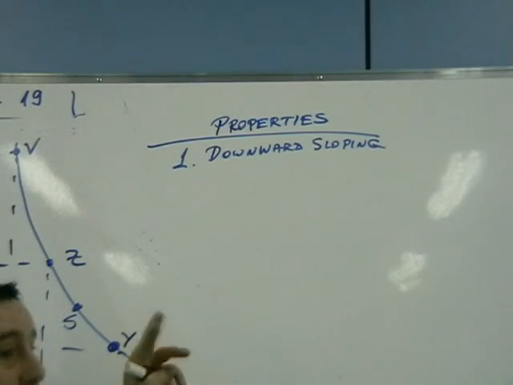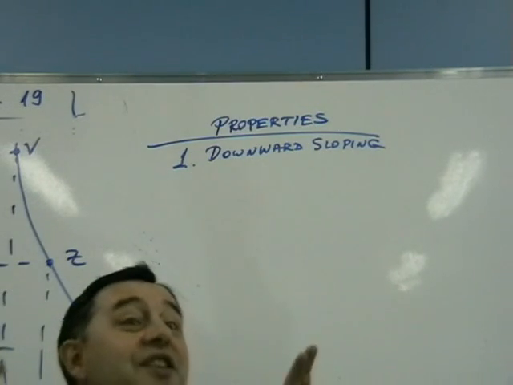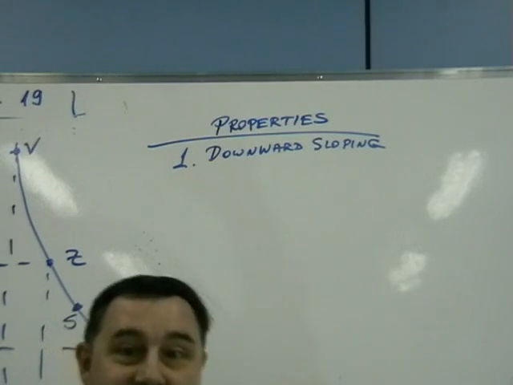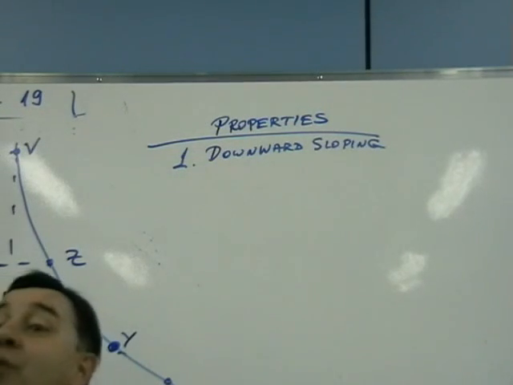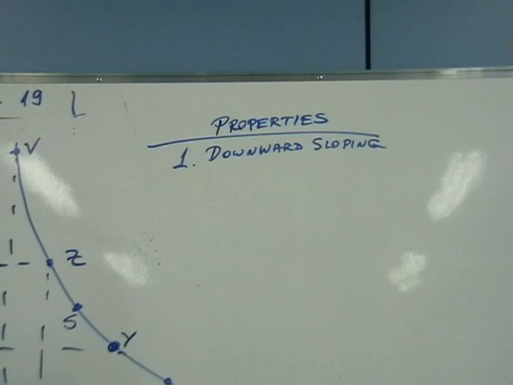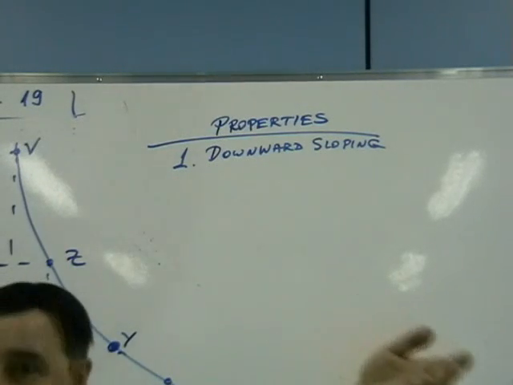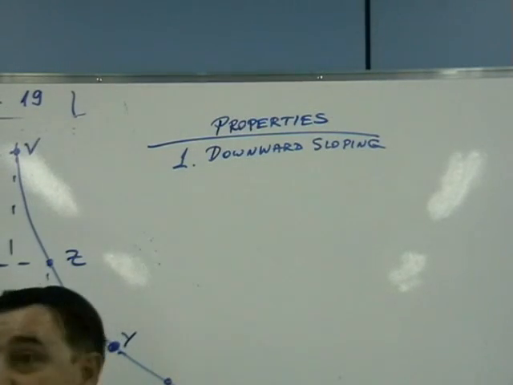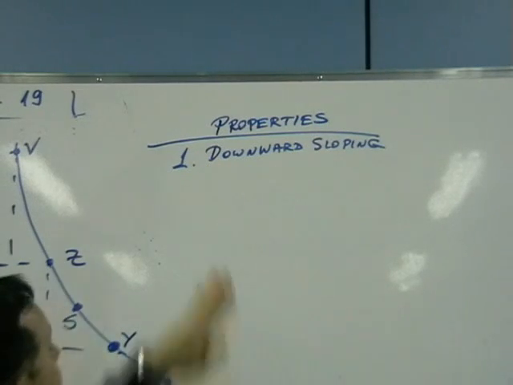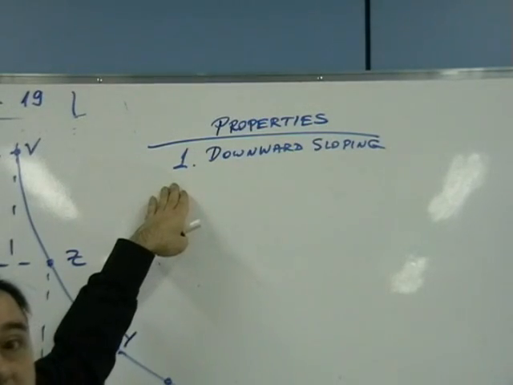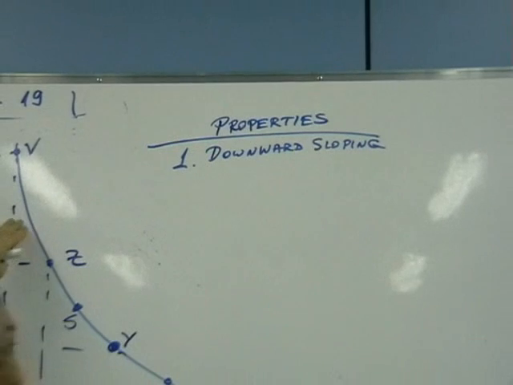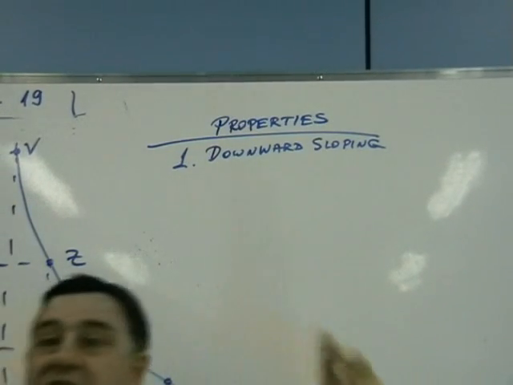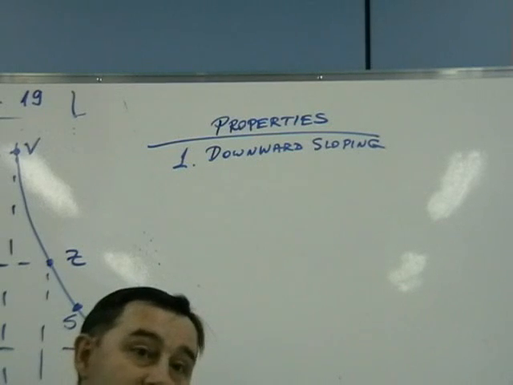Substitution, yes, but not the real substitution. We just call it trade-off. I'm willing to give up more of one only if you give me more of the other. There is, in other words, a trade-off, all right? So this is the basic idea of a downward slope. A downward slope simply means that to get less of one, it must necessarily be more of the other. That's what the down slope means.